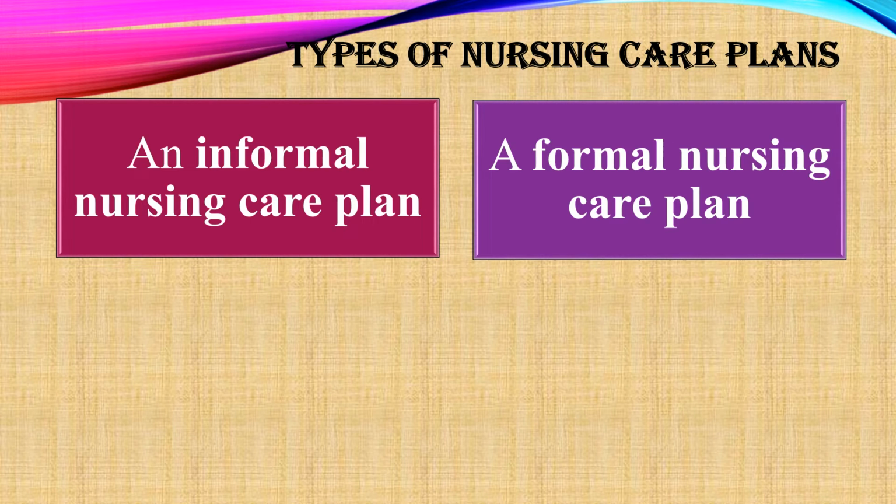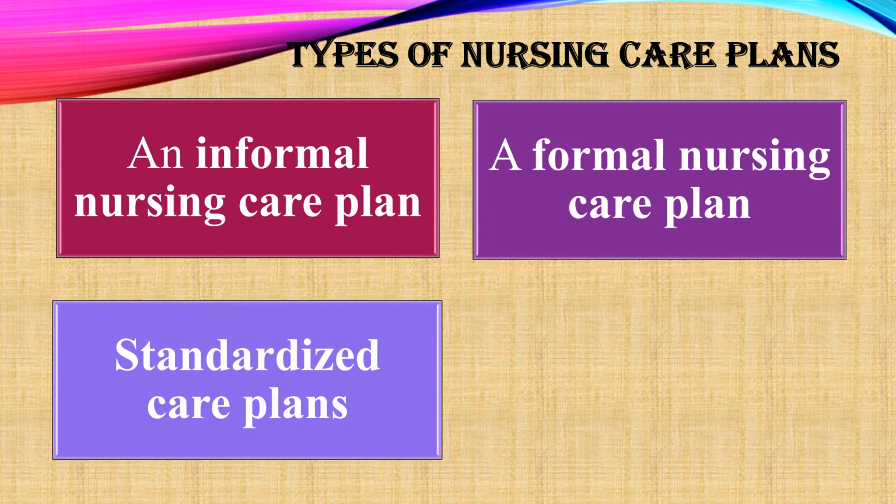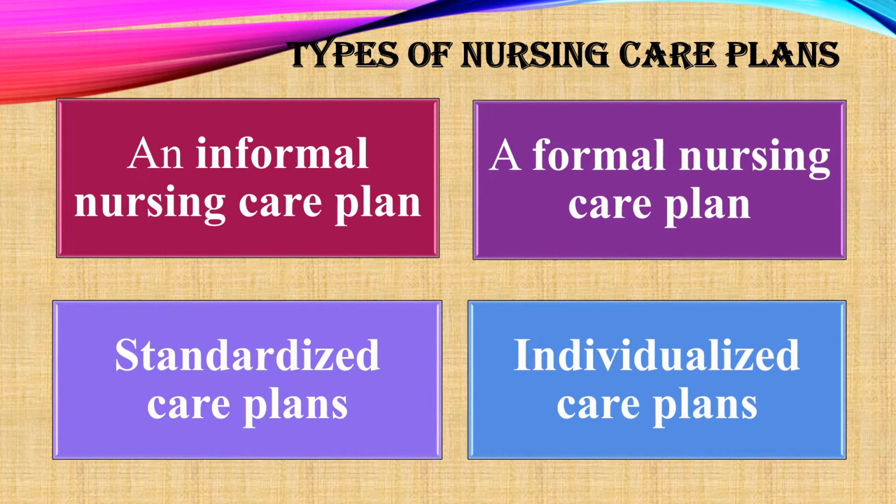Formal care plans are further subdivided into standardized care plans and individualized care plans. Standardized care plans specify the nursing care for groups of clients with everyday needs, whereas the individualized care plans are tailored to meet the unique needs of a specific client or the needs that are not addressed by the standardized care plans.